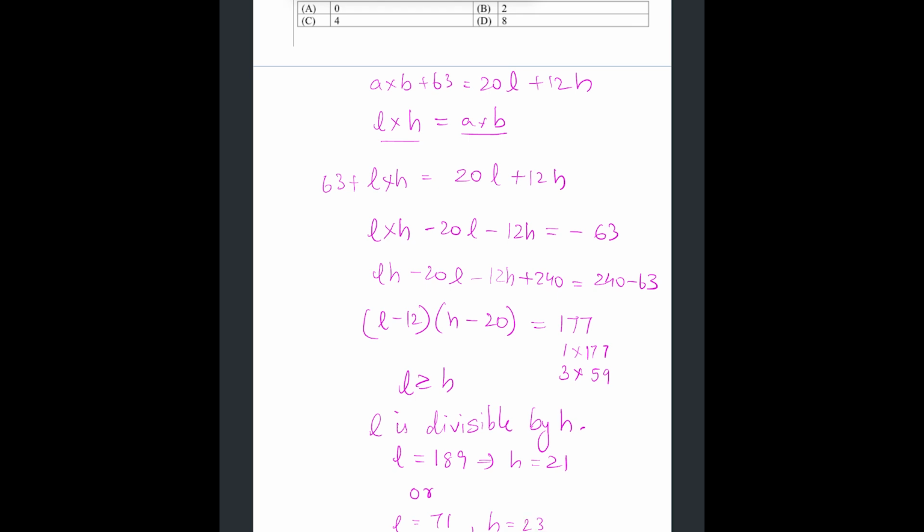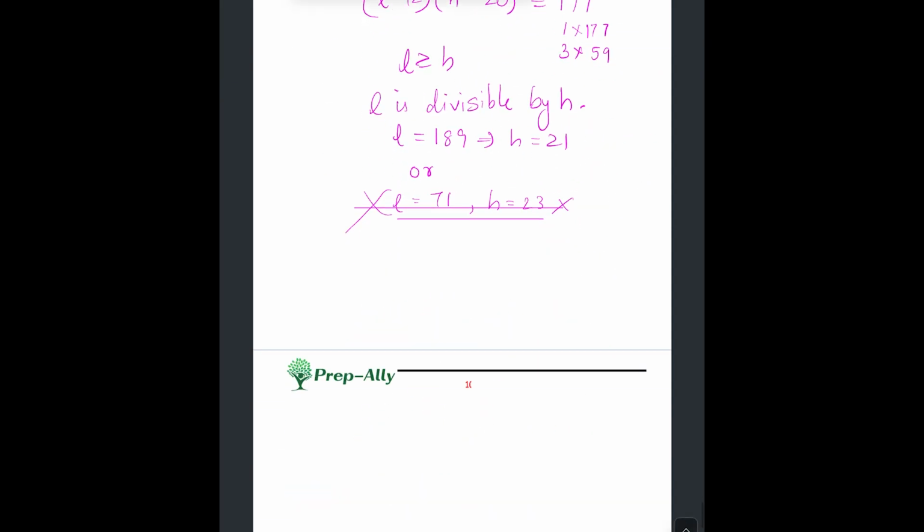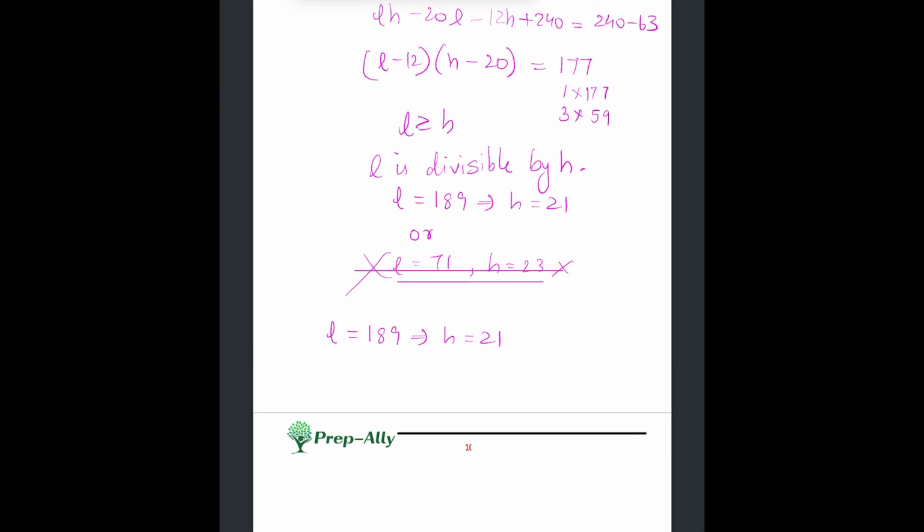This obviously is not a solution because 71 is not a multiple of 23. So we'll ignore this, but 189 is a multiple of 21. So we'll use this. So we have LCM is 189 and HCF is 21.